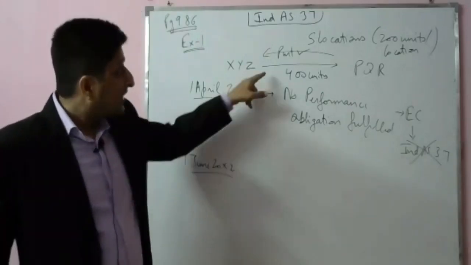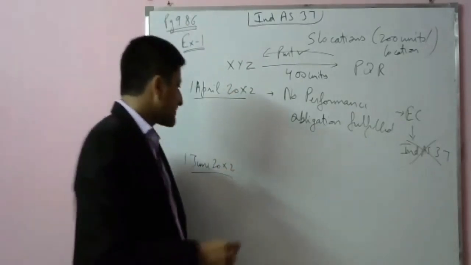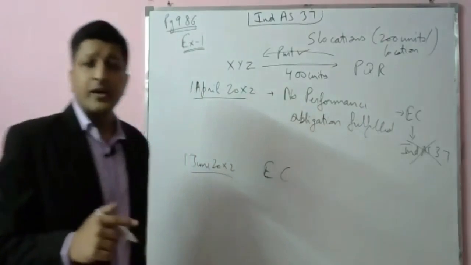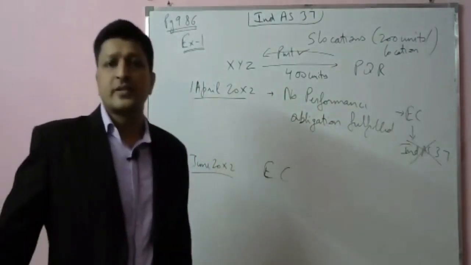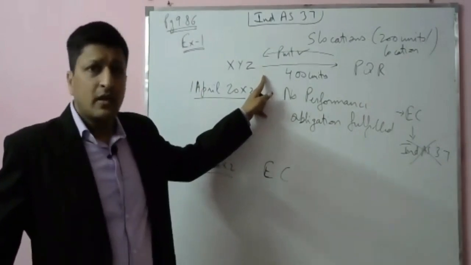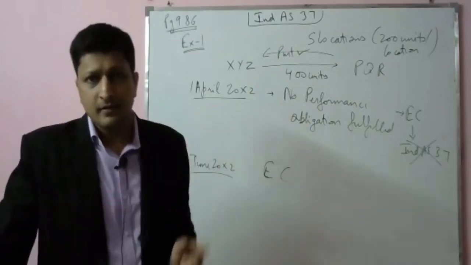Now, even in this scenario, this contract will be called an executory contract. Why? Because it's partially fulfilled and the parties have completed their obligations in an equal manner. Okay.